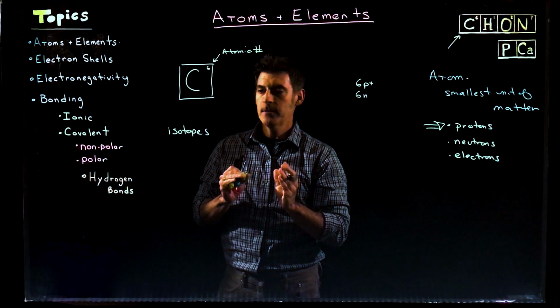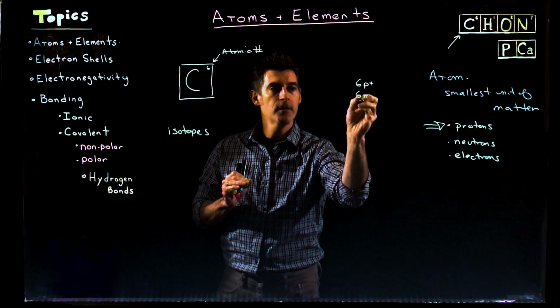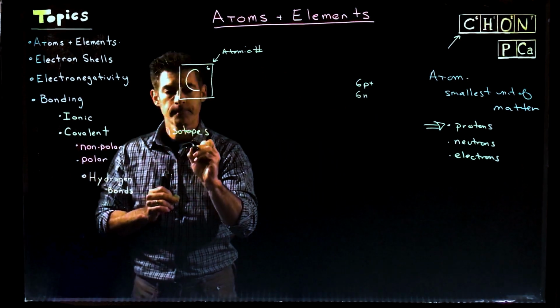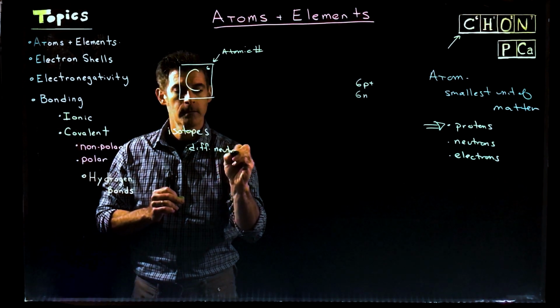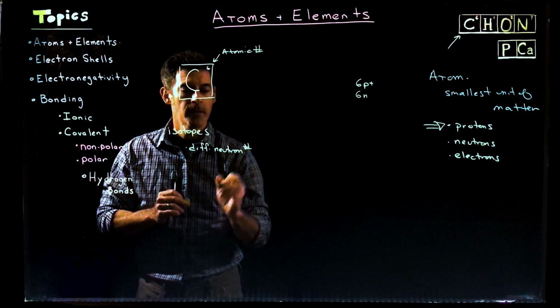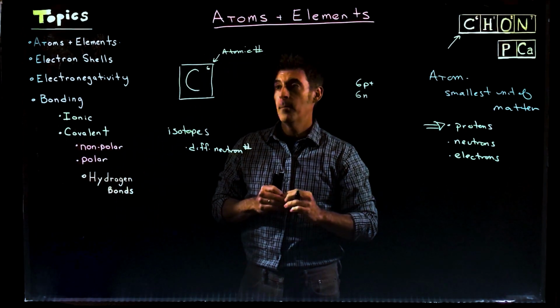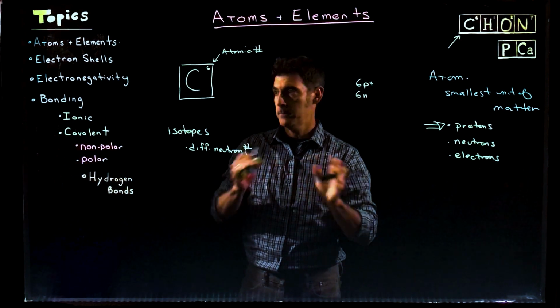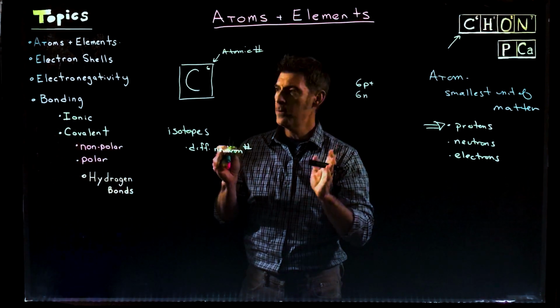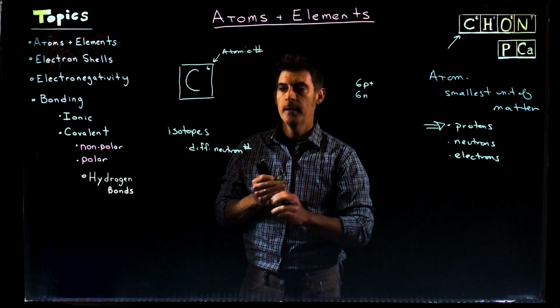How are they different? They have different neutron numbers. We're not going to really go into these. Some people may go into carbon dating more, but we're focused on other things.